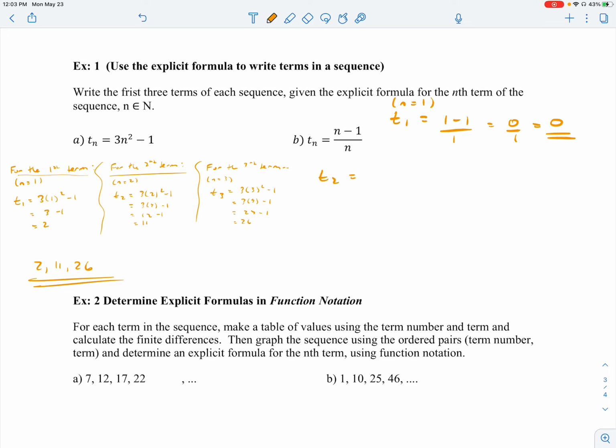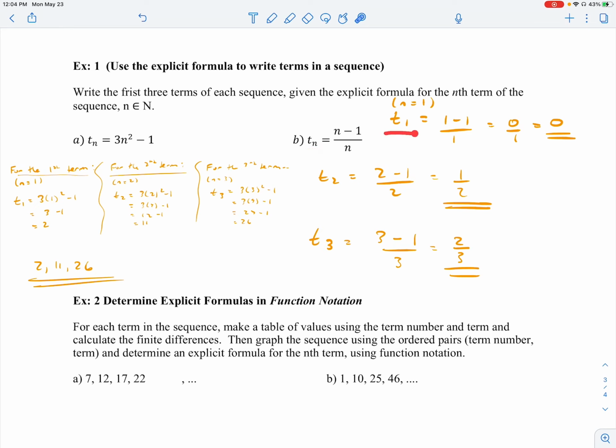Second term, we're going to plug in 2 for n. Okay, so we get a half. And now for the third term, plug 3 in for n. So the nice thing about explicit formulas is that we can easily find the term number because we always have n as a subscript.